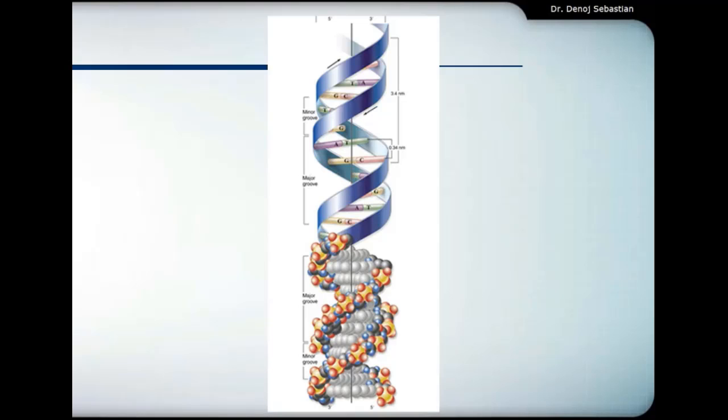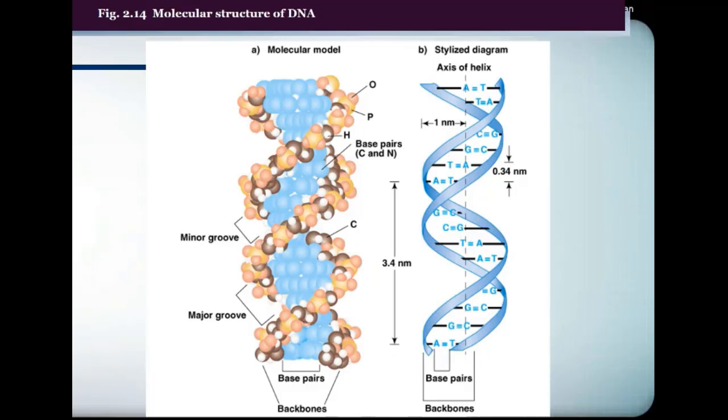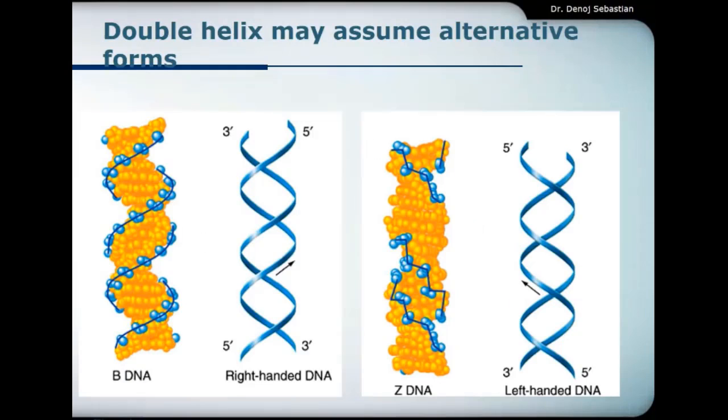All the turns were represented, and each turn of the DNA molecule will be about 34 angstrom. So this is about the structure of the DNA.